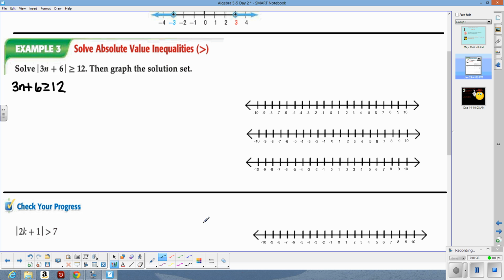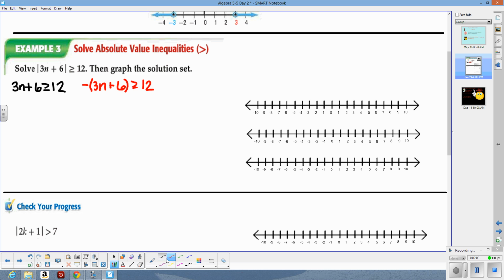And then our second case would be where this is the negative, or the opposite of 3n plus 6, is greater than or equal to 12. Because either way, if this is positive or negative, when you take the absolute value, it's going to be positive.